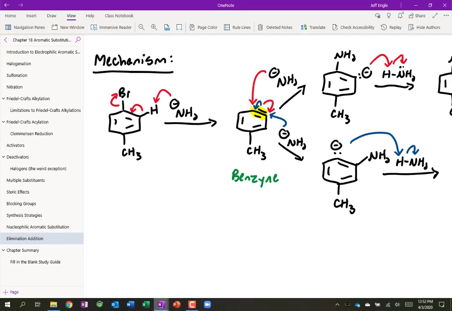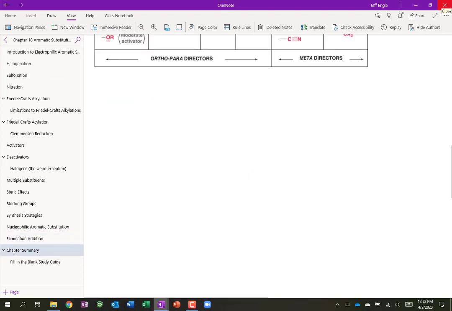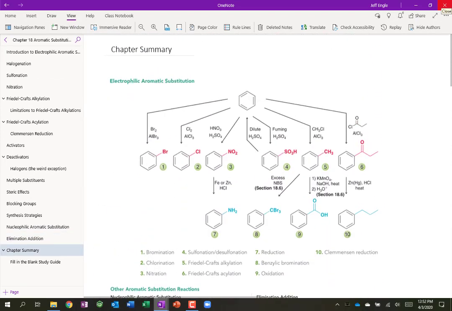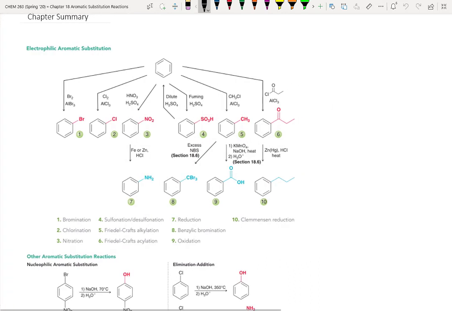All right, so really quickly, let's just look at the chapter summary. This chapter, we covered a lot of reactions, and we saw that we can do a variety of electrophilic aromatic substitution reactions. You should know the mechanisms and reagents required for each.